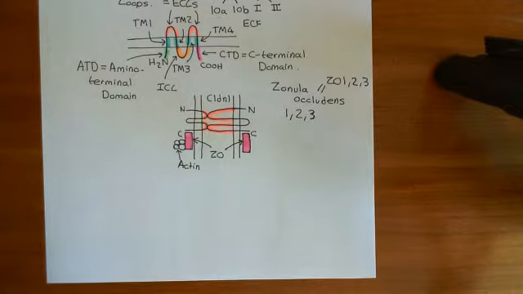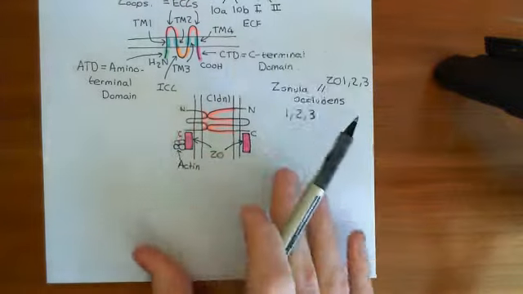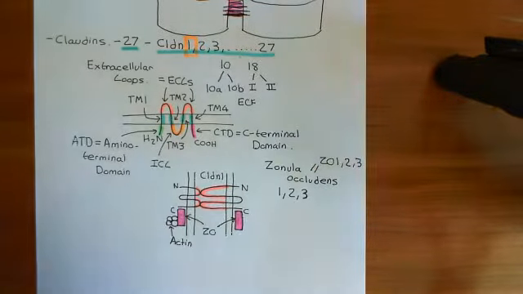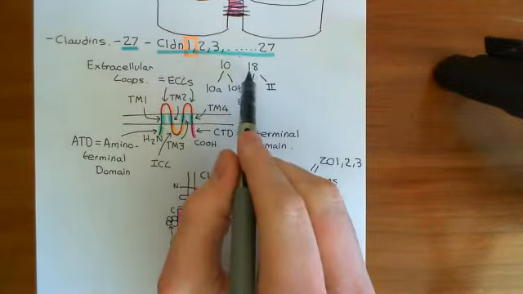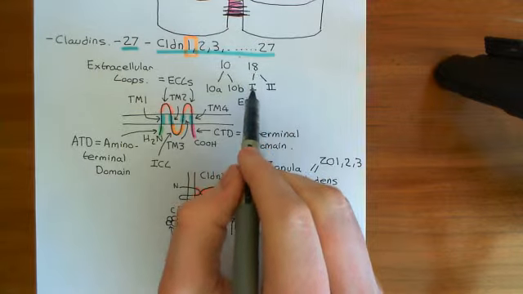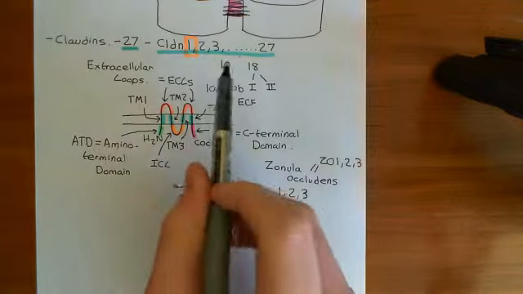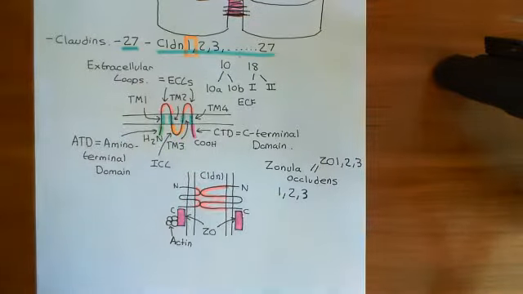There are also different splice variants of claudin 10, claudin 10A and claudin 10B, and two splice variants of claudin 18, claudin 18.1 and claudin 18.2, which means that overall there are 29 different claudin proteins. Now, they're not all found in the stratum granulosum.